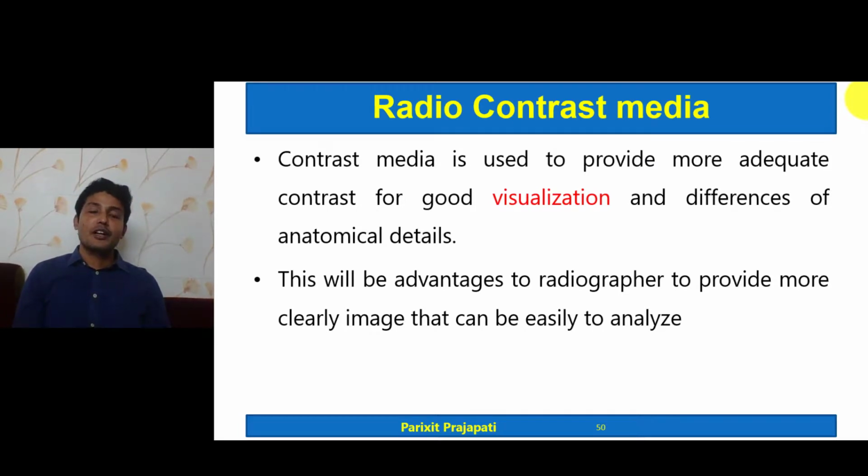Next is radio contrast media. Now, what is the use of this contrast media? These contrast media are used to provide more adequate contrast for good visualization and differences of anatomical detail.